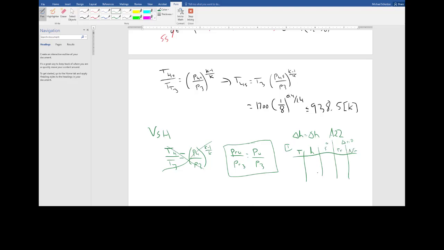There's an s superscript 0, there's u in there too. But for state 1, we knew T1, right? So then we come across, here we'll get h1, but we'll also need PR1.